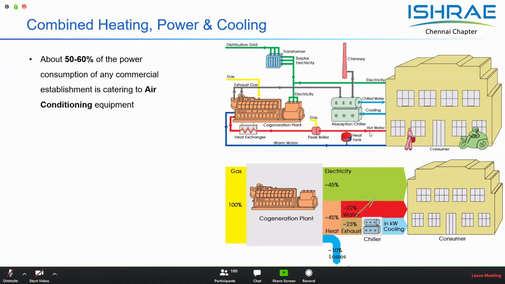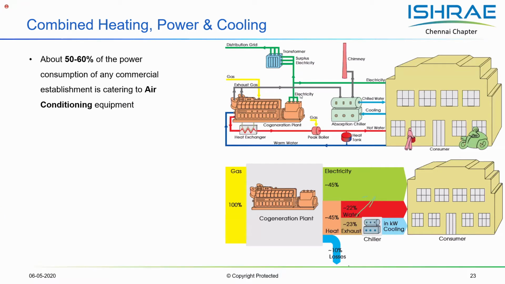What advantage absorption technology brings to this concept is that the efficiency of typical gas engines is in the range of 40 to 45%. There may be engines which are slightly higher in efficiency as well. But in a nutshell, the efficiency is not attractive enough to any layman. So how somebody can make it more attractive is by doing heat recovery: by putting in an absorption unit and doing the heat recovery, you can probably increase the efficiency to as high as 90%.